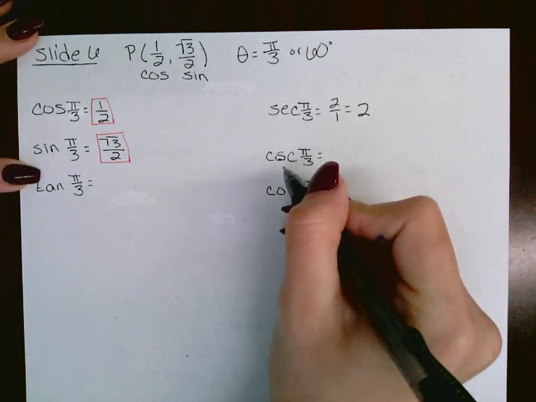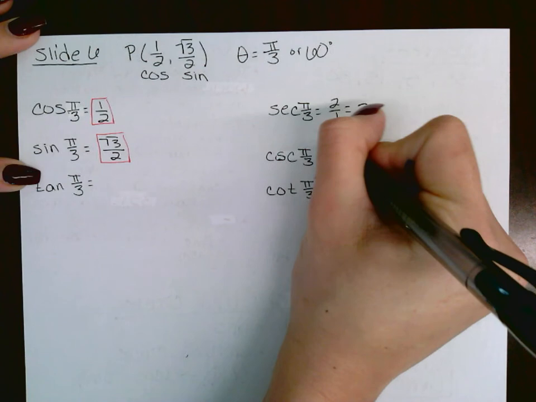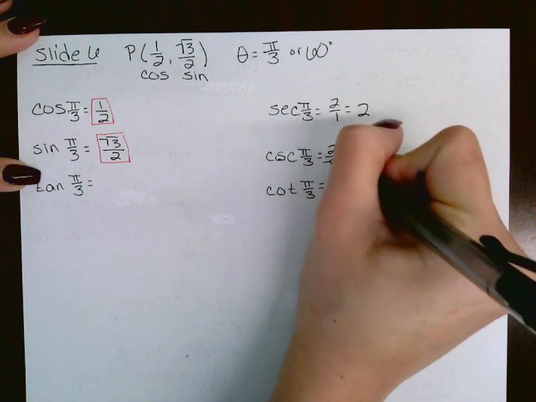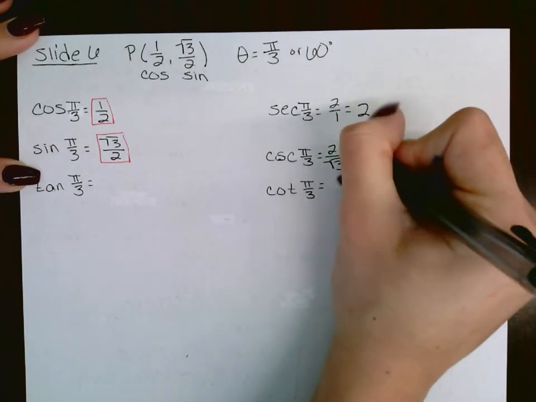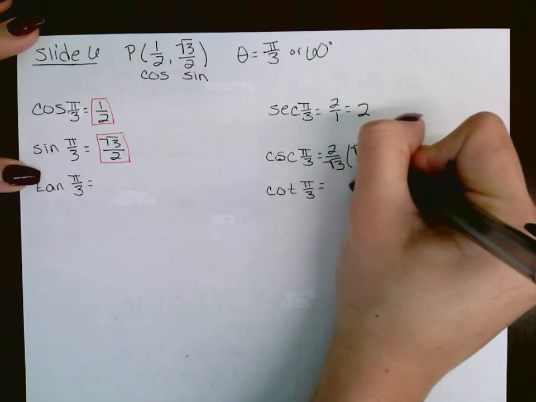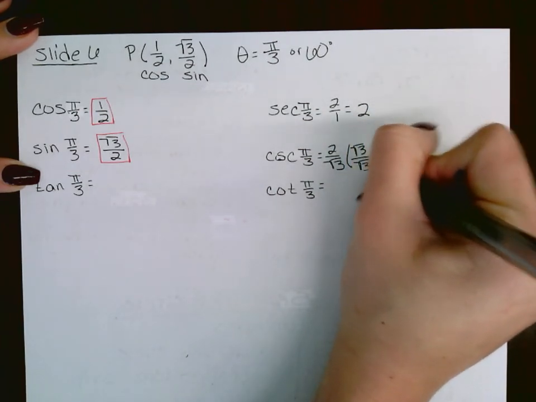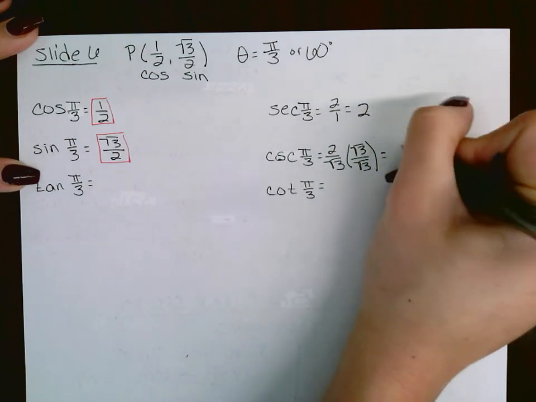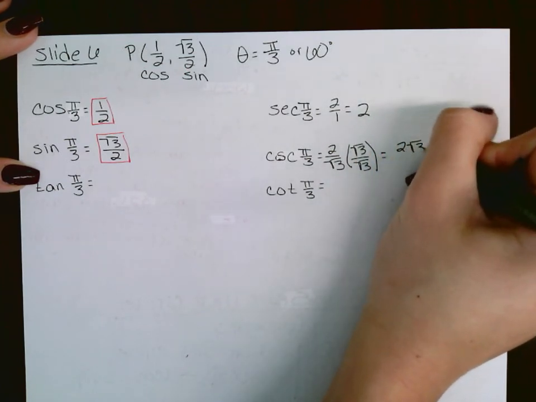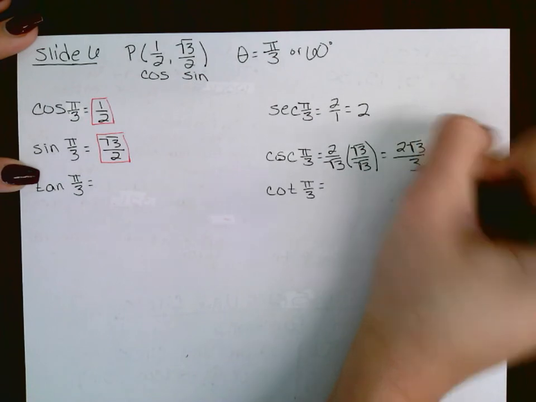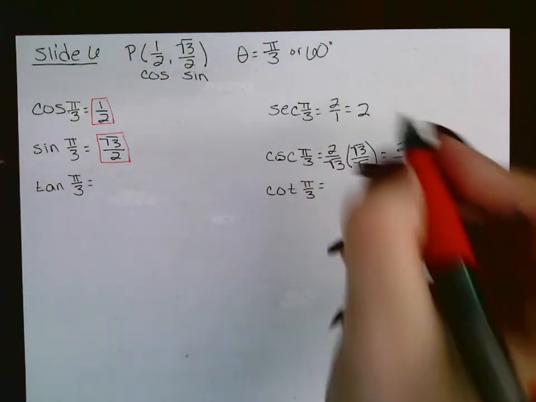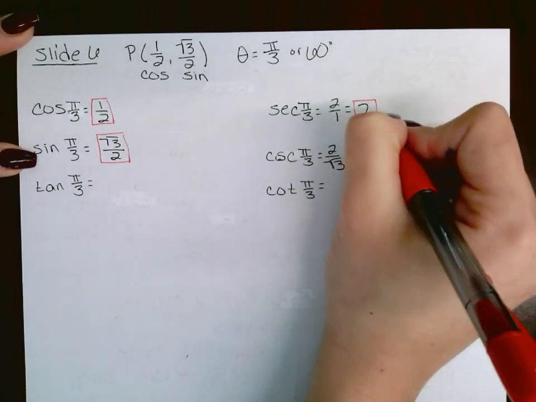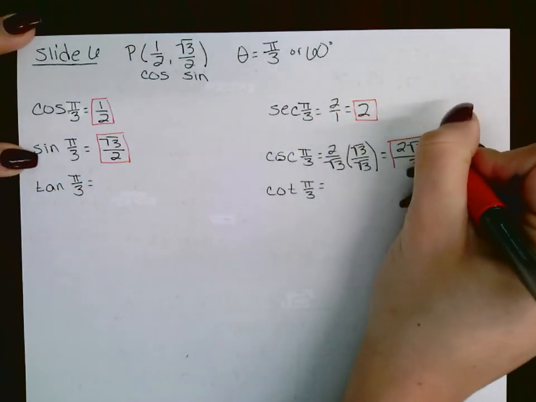And cosecant is flipping sine, which is 2 over radical 3. Rationalize that by multiplying it by radical 3 over radical 3. And I have 2 radical 3 over 3. And just like that, just by looking at that ordered pair and starting to flip, I already have 4 of my 6 answers.